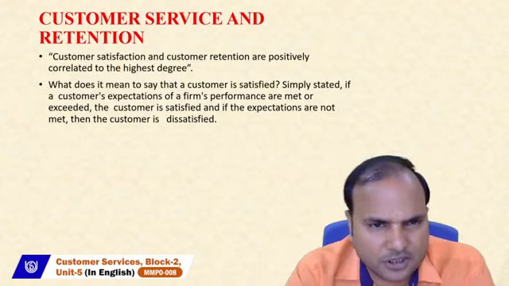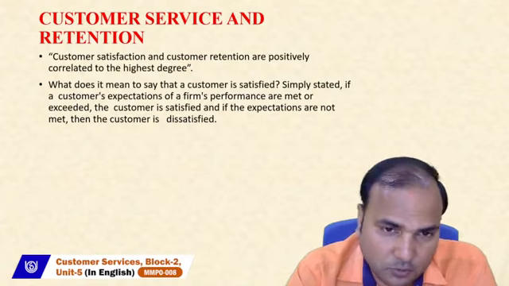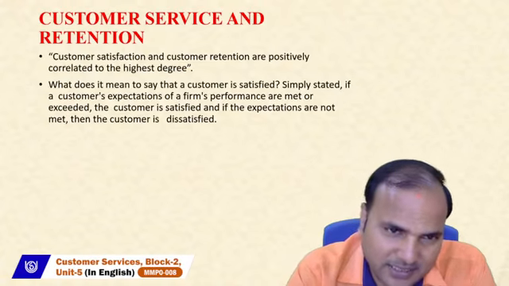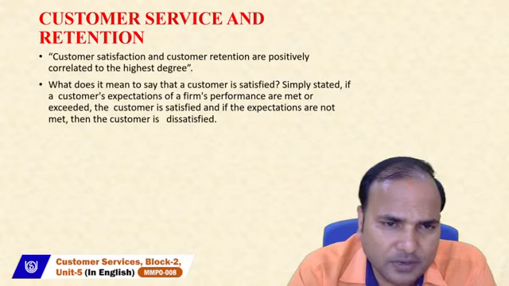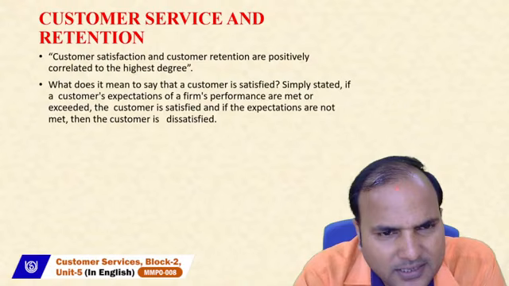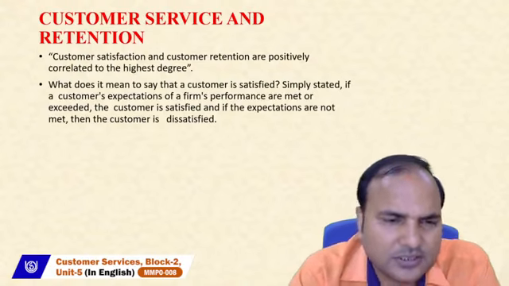Then you can try for customer delight or anything. The bigger the difference between the expectation of the customer and the actual performance from the firm, the bigger the dissatisfaction level will be.